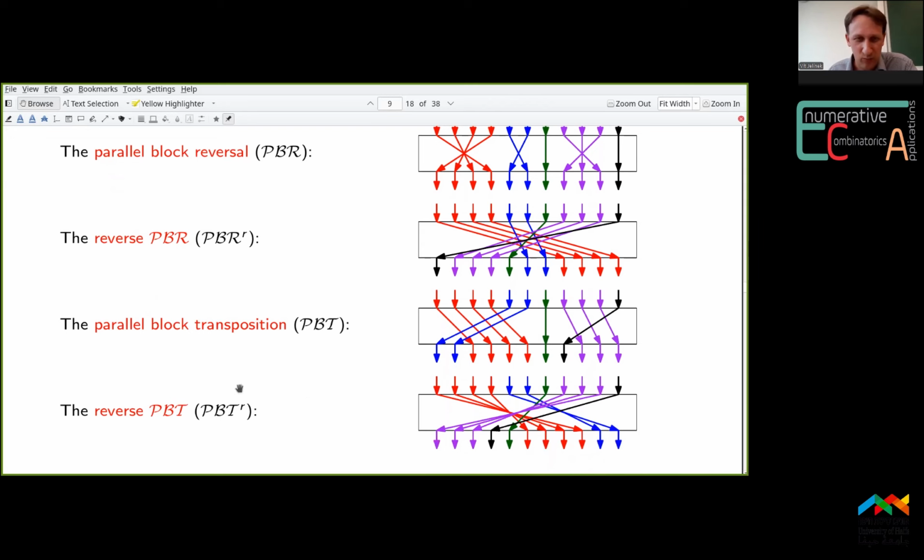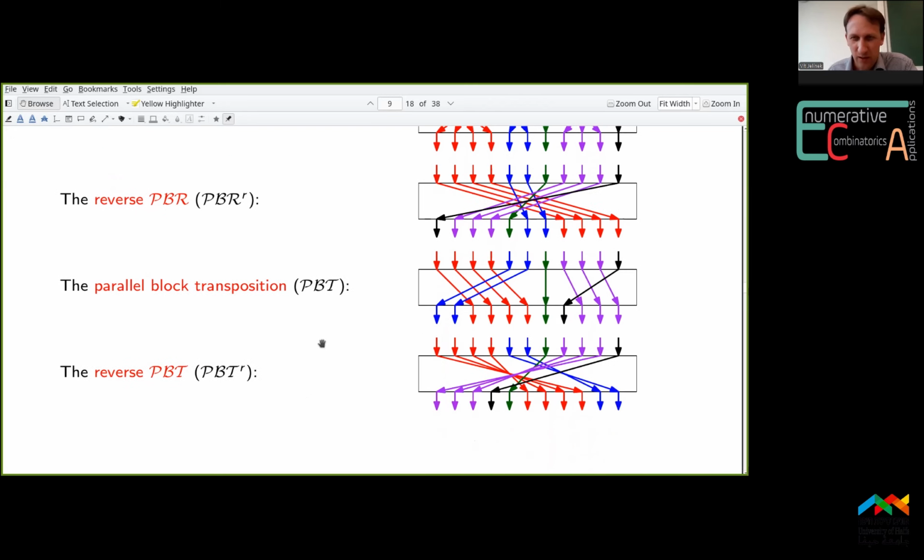And 2 similar-ish classes, the class of parallel block transpositions. I again partition the input into consecutive blocks. Now I can imagine that I also allow blocks of size 0, and then I take each, say, odd-numbered block and transpose it with the subsequent even-numbered block.